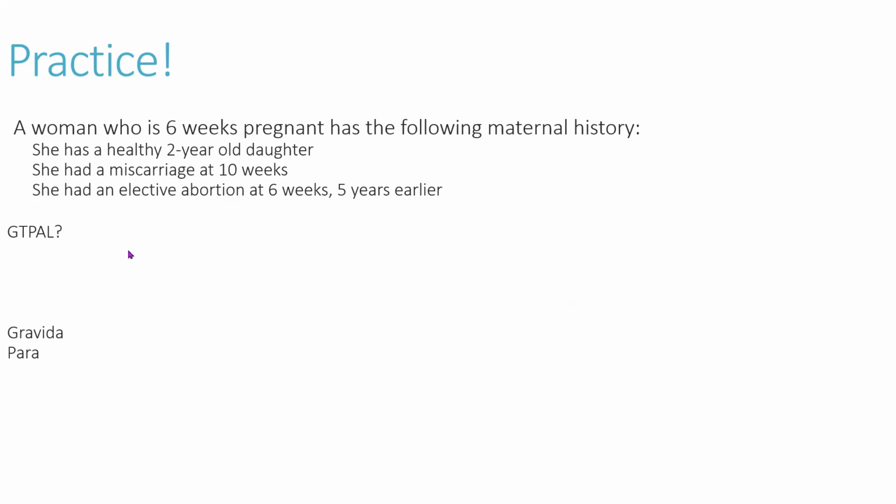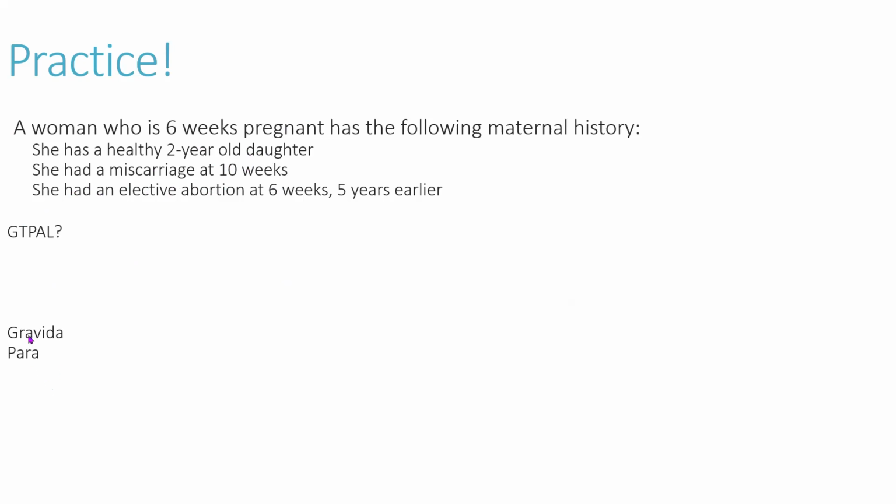Our P, preterm, what would that be? It would be 0. And then A is 2. Yes. And the reason being, guys, is we have an elective abortion, but also a spontaneous abortion. Okay. And then L, what would that be? Yes, y'all are so good.